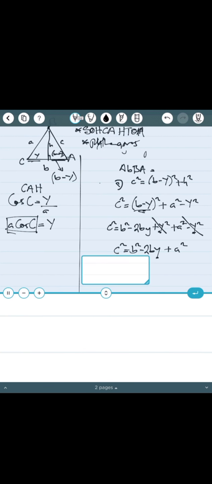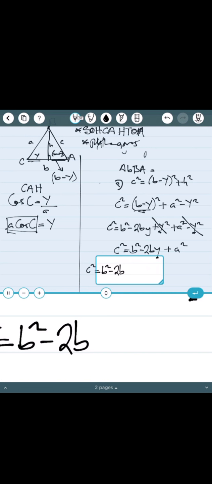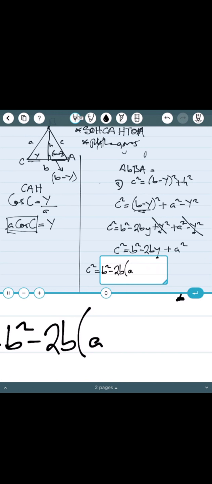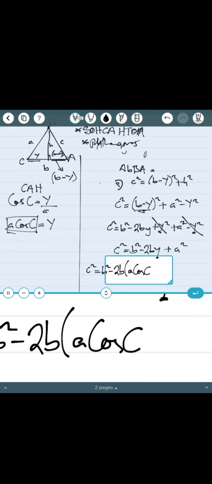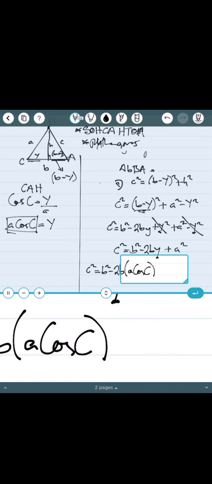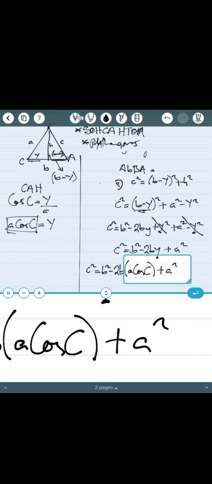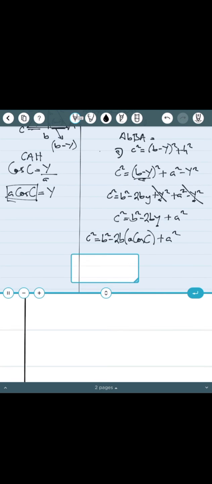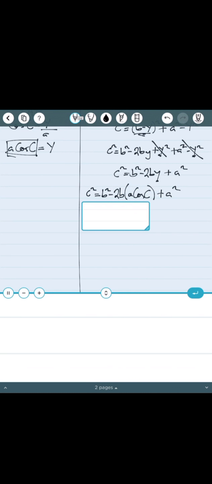So we are again going to substitute that into our formula. Therefore we're going to have c squared is equal to b squared minus 2b, then what is y? We open bracket a cos c, plus a squared. Having reached here, we simply group what seems to be alike.